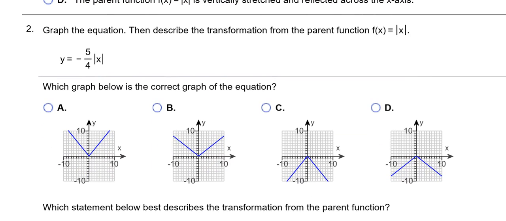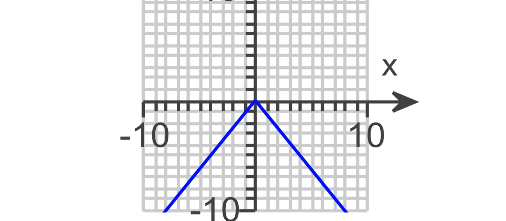Graph the equation. Okay. Well, it can't be either of those because those both go up. This is clearly going down, right? The slopes of the lines are based on 5/4. So, let's look at the picture and see what we've got.